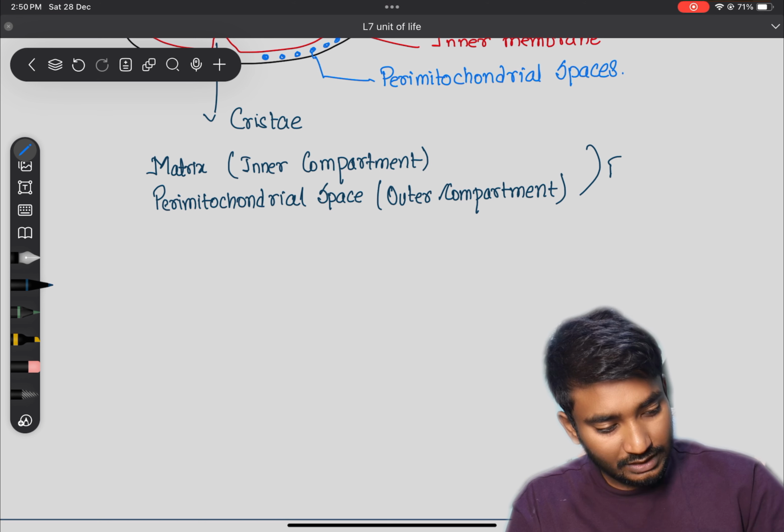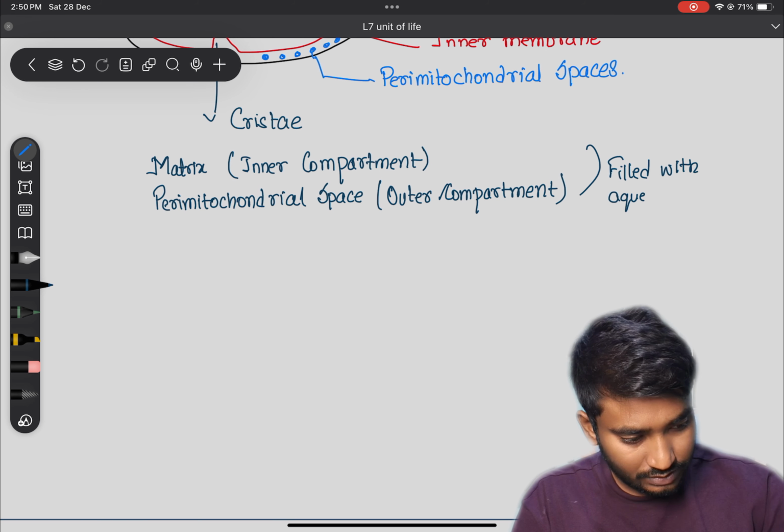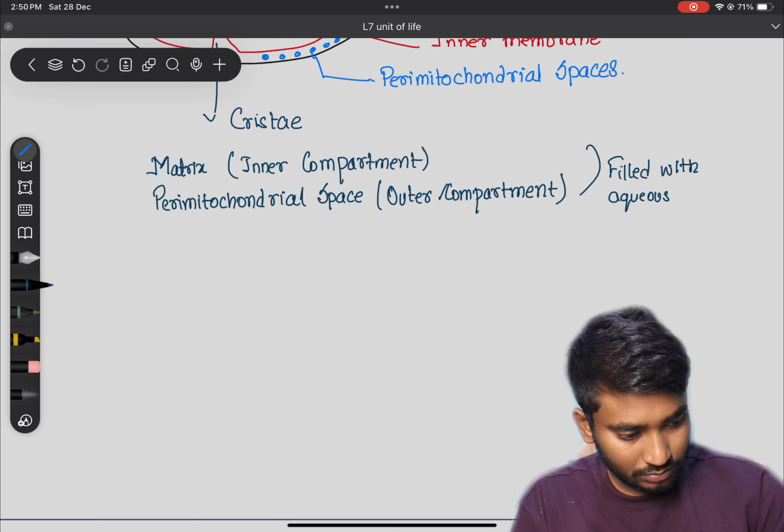Okay, these are being filled with aqueous fluids.